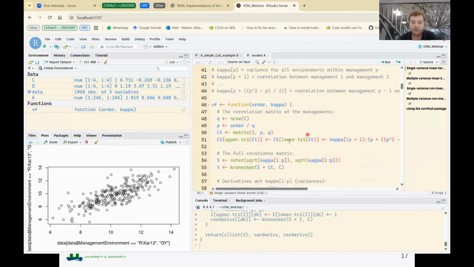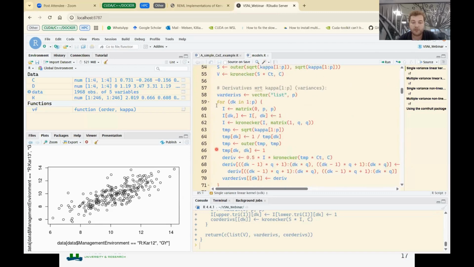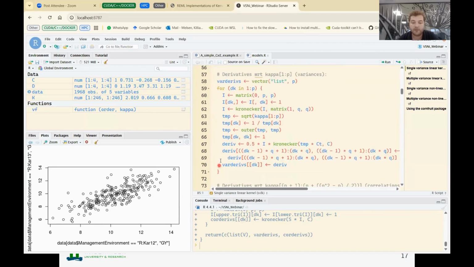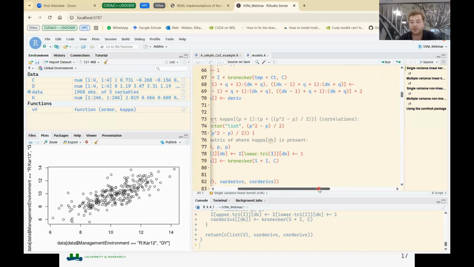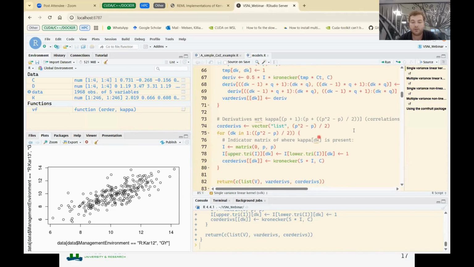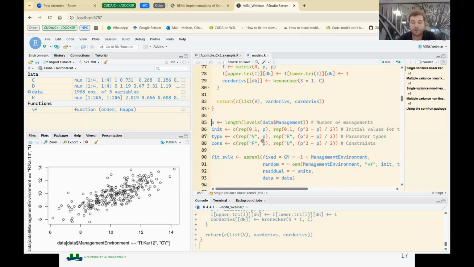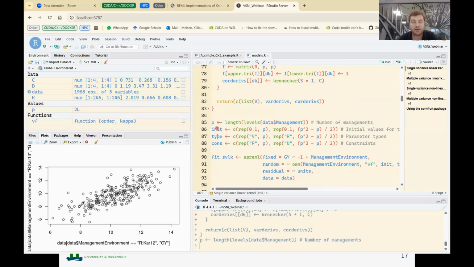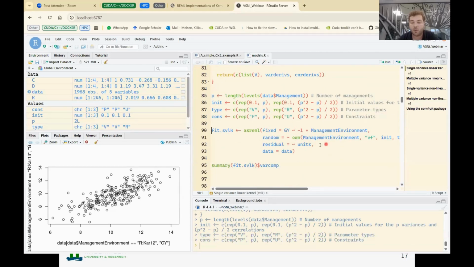And just to quickly show, we have, again, a bit of code to compute the covariance matrix, derivatives with respect to the variances, and then the derivative with respect to the correlations. In our case, we only have 2 managements, so this would be a single correlation. We return those. We specify the initial values in the parameter types and constraints, and then we can fit the model, similarly to how we did in the first example, except that we do it for the management by environment vector here.